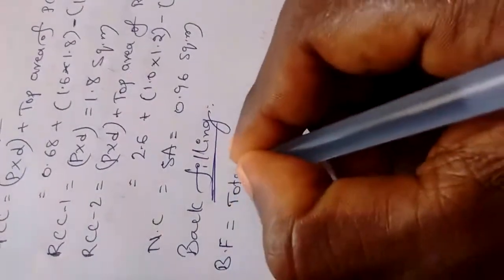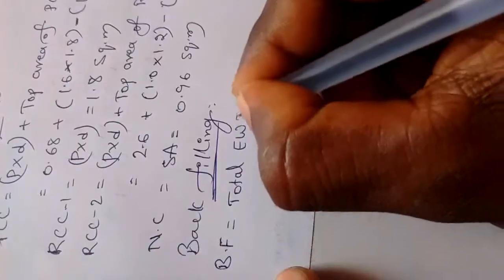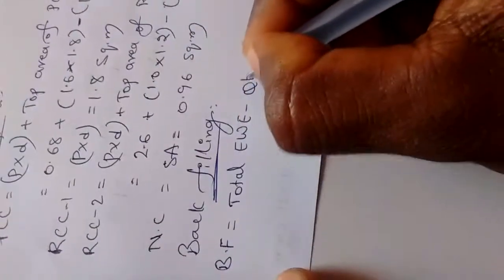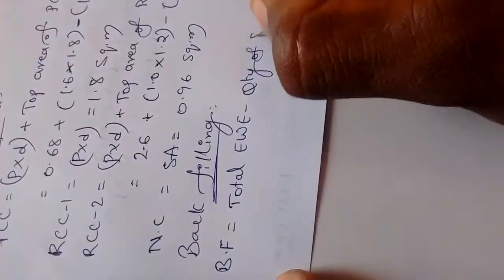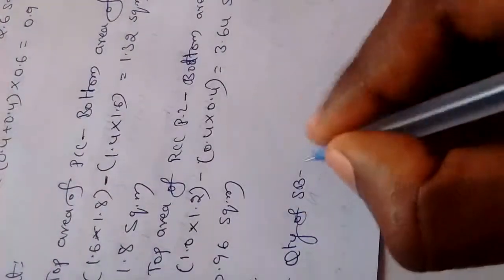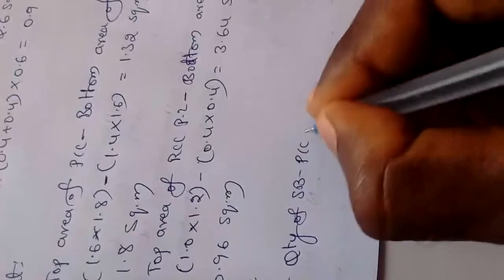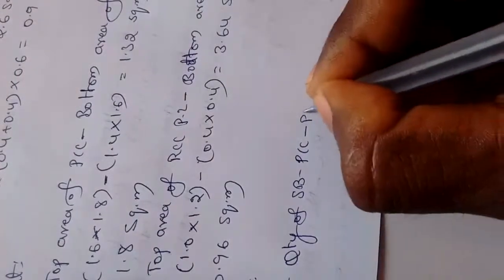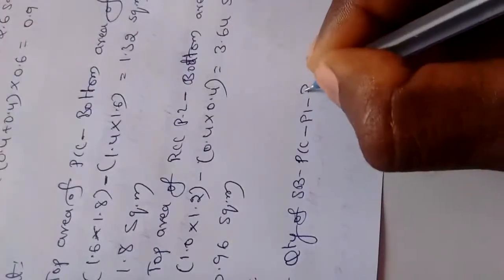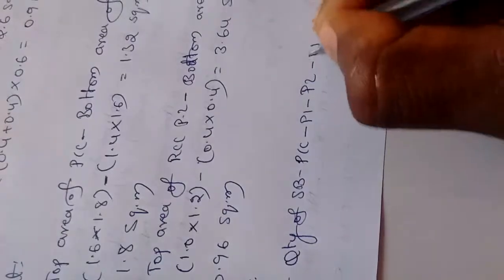It is total earthwork excavation minus quantity of sand bed minus quantity of PCC, quantity of RCC part 1, quantity of RCC part 2, minus quantity of neck column.